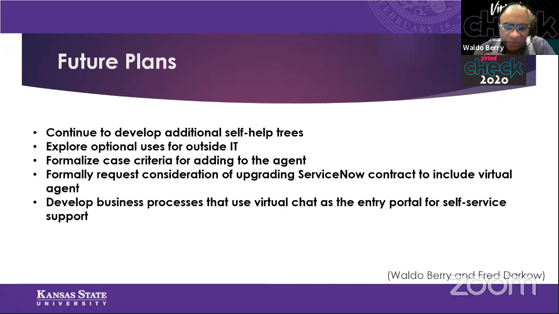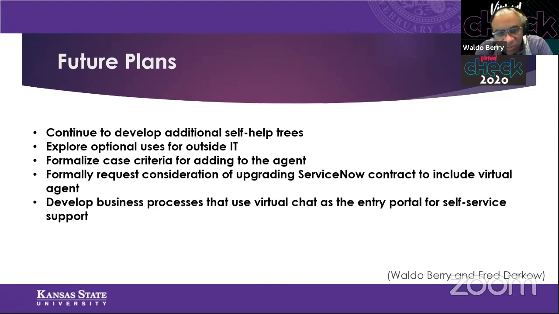Okay, so to wrap things up, we'd like to talk a little bit about just briefly what our future plans are for the system. We want to continue to develop additional self-help trees to expand the system as much as possible. And one thing you may not have realized is that ServiceNow changed their support structure for contracting, and so virtual agent doesn't come as part of the base structure for the agent, but it is part of your dev side server.